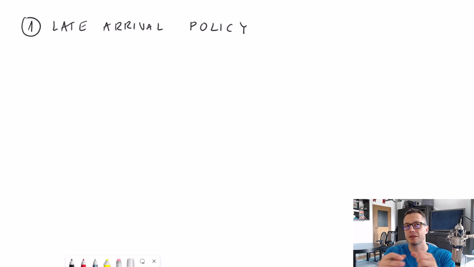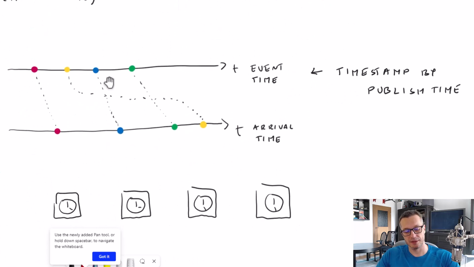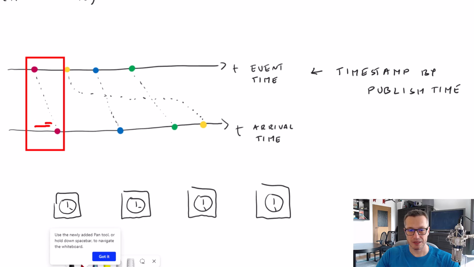In what cases can it help us? Let's take a look at our issues. We know that there will always be some latency associated with our events, a difference between the time the event was generated and the time it arrived to Azure.